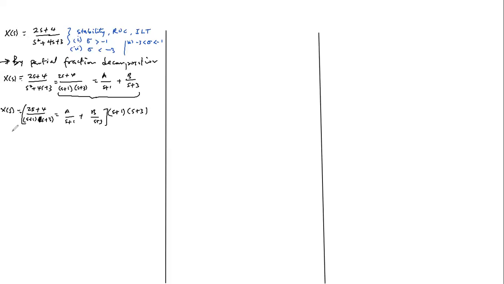So this will truncate this, so we are going to have 2s plus 4, and this will truncate this, so that will be A into bracket s plus 3, plus B, this will truncate this, B into bracket s plus 1. Okay, and then we can further expand this, that will be As plus 3A plus Bs plus B, right?